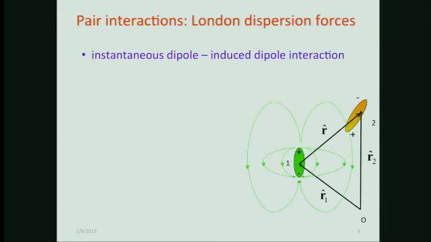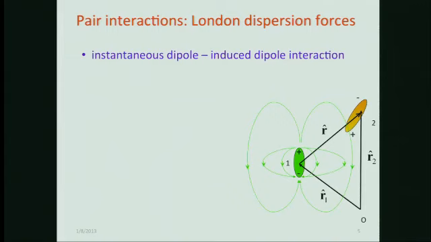In Maier-Saupe theory, we only consider the pair interactions between molecules, and the many-body interactions are ignored. Within the pair interactions, the London dispersion forces are taken to be the dominant one. It's also called the instantaneous dipole, induced dipole interaction. Basically, the fluctuation of the electrons will cause an instantaneous dipole in a molecule, because the electrons are asymmetrically distributed with respect to the nuclei.